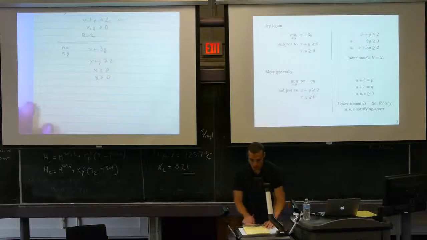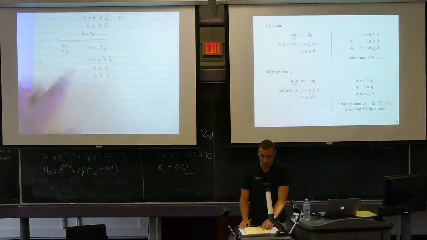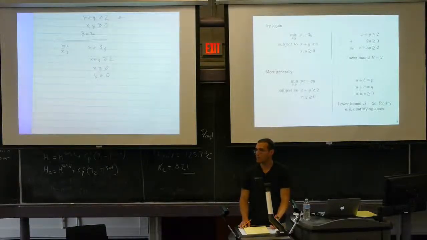Okay, but so what specifically would I do in this example? That's the right strategy, but let's just think concretely. I want to somehow take linear combinations of these constraints in a way that it gives my objective function. That was the thought.